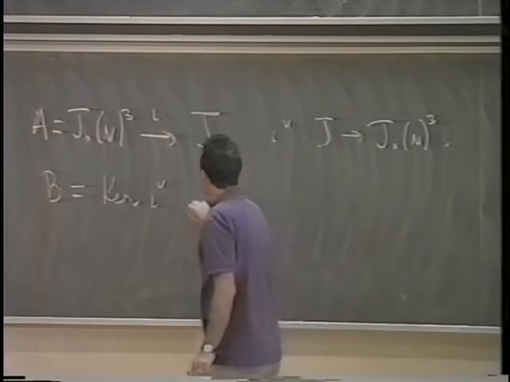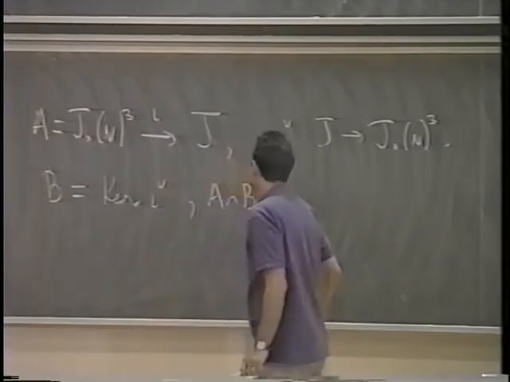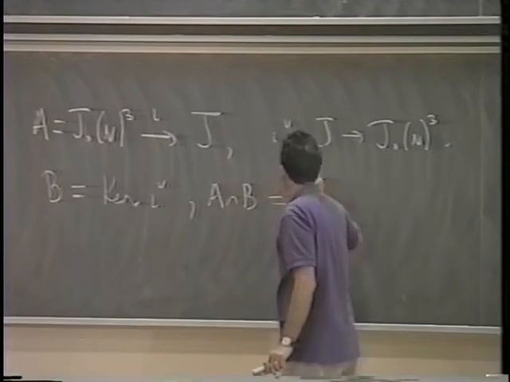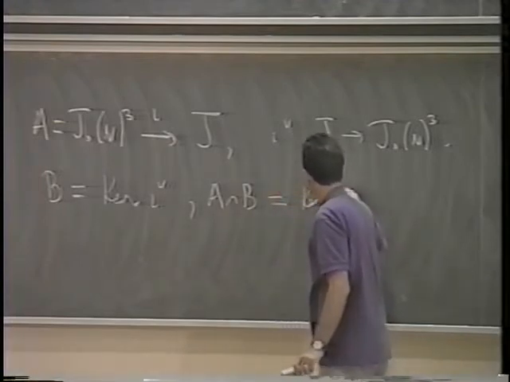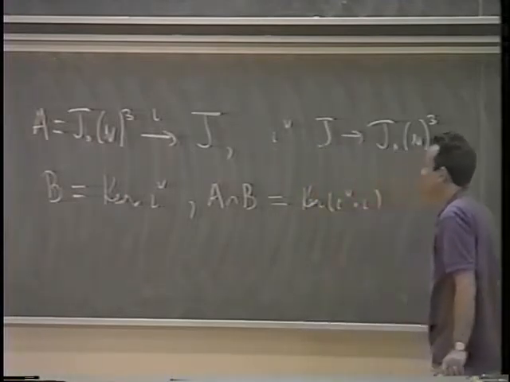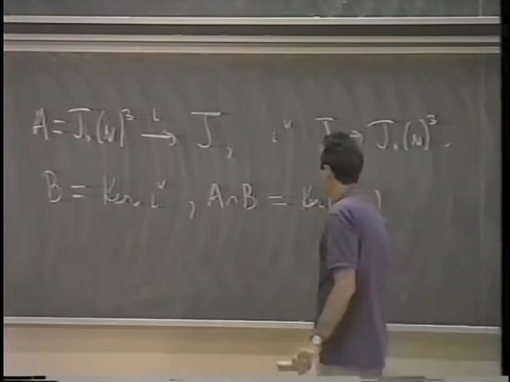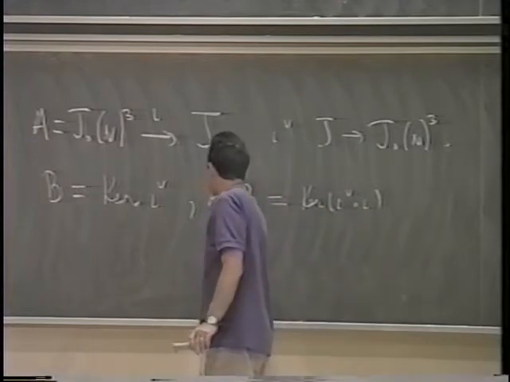In particular, if you want to look at A intersect B, that is going to be, more or less, obviously, the kernel of the composite of iota check and iota, right? Because it's just the kernel of iota check restricted to A. And the whole point is that this intersection, notationally, is delta.